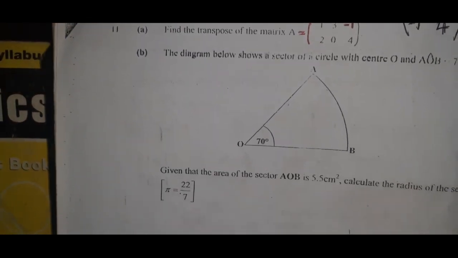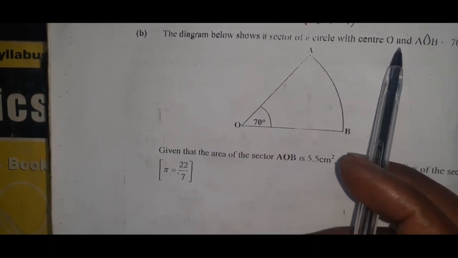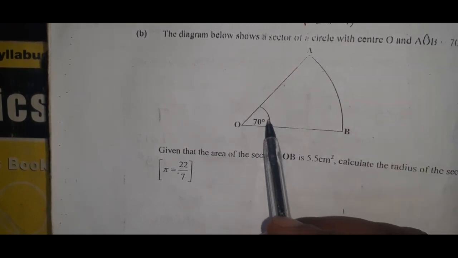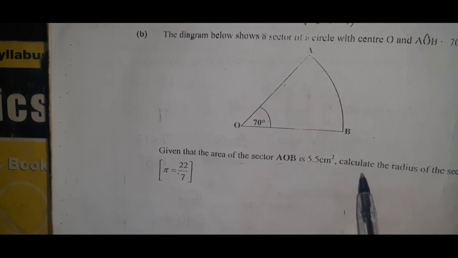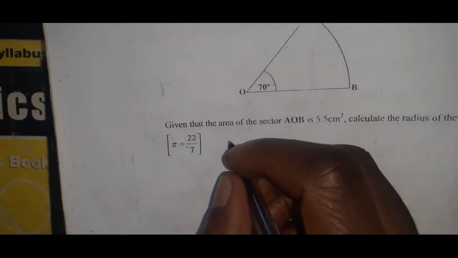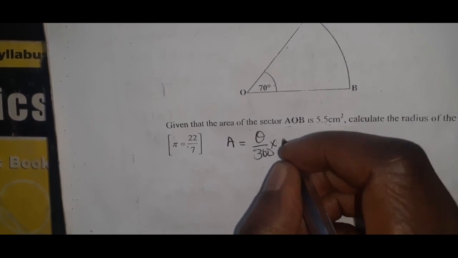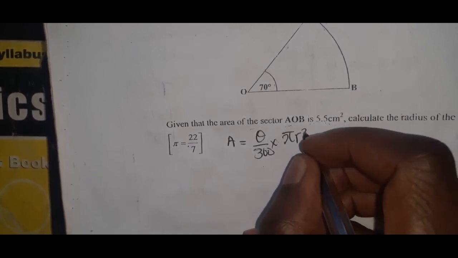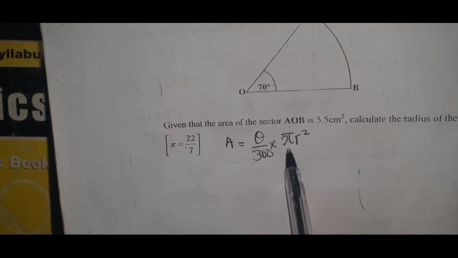We come to this part now. The diagram below shows a sector of a circle with center O, and the angle here is 70 degrees. Given that the area of a sector is 5.5 centimeters squared, calculate the radius of the sector. So here the most important thing we're supposed to know is the formula. What formula do we use to find the area? This is the formula that we use, isn't it?